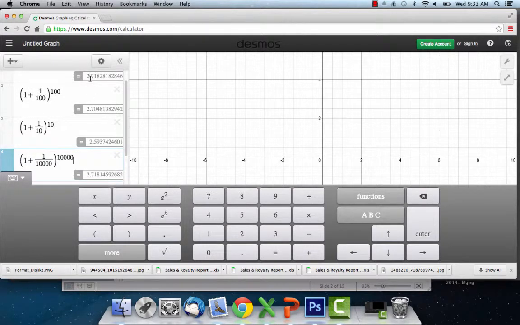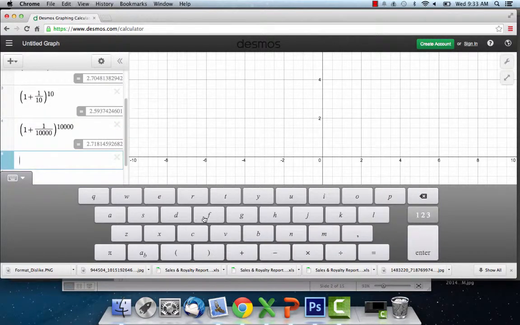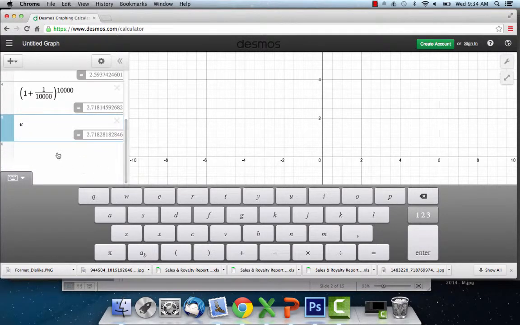See, we're very close already. This is e, and this is at 10,000. So if we put in e again so we don't have to go back, and I won't spend too much time on this, I just want you to see that it does at least appear to work.